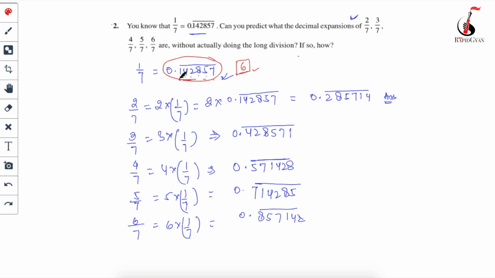In this case the repetition string has a total of 6 digits. This count will always be less than your divisor. So what's your divisor over here? Your divisor is 7, so this 6 is less than 7, you can see.